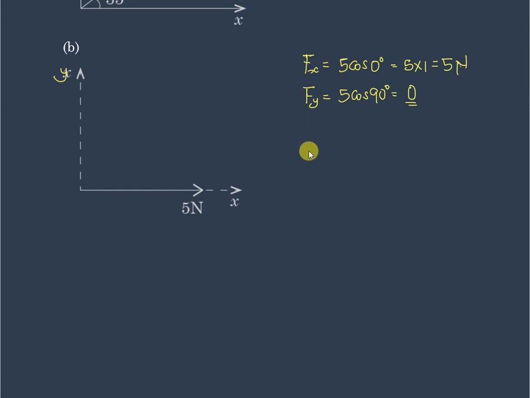And if the force is vertical, it has no component along the horizontal direction. The vertical force has no component along the horizontal, and the horizontal force has no component along the vertical. And the whole force is a horizontal component, as you can see. It is 5 Newtons.